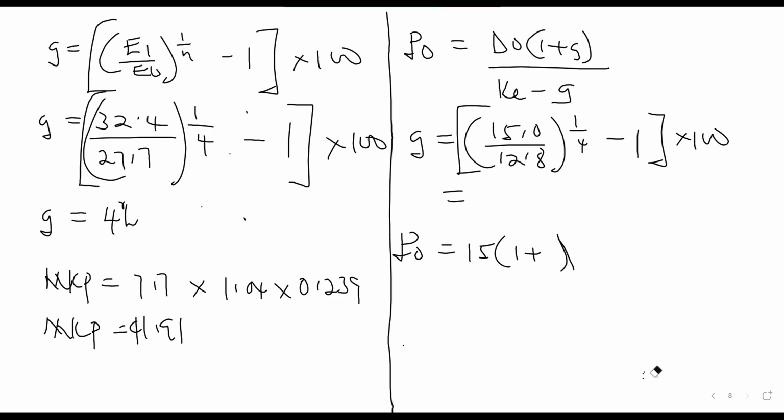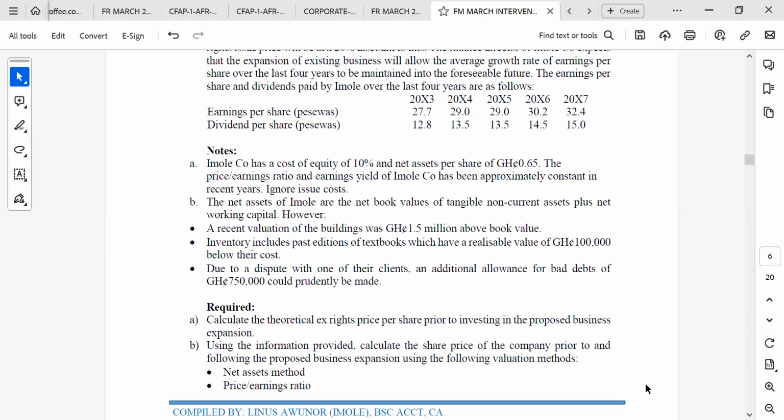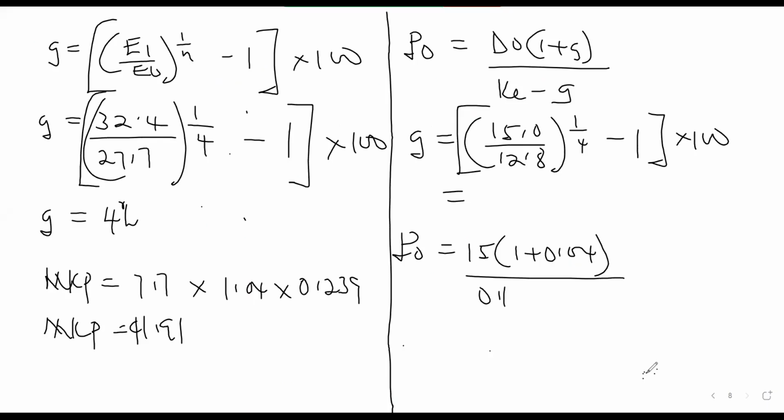So we'll be having 0.04 divided by the Ke, which is what? What is the cost of equity? The cost of equity of the company is 10%. So 0.1 minus 0.04. What are we getting?